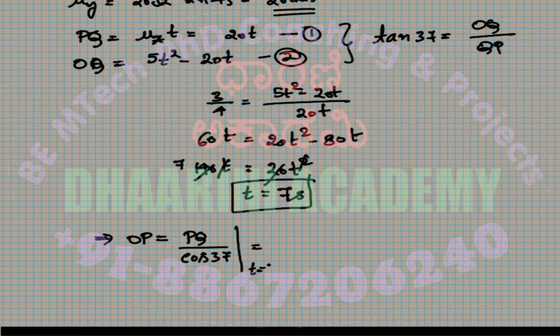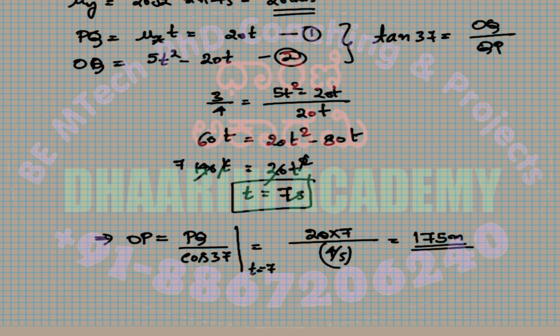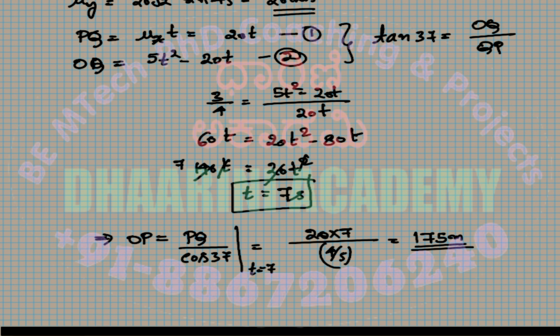So PQ is 20t, so that is 20 multiplied by 7 divided by cos of 37, that is 4 by 5. Approximately this comes to be 175 meters.